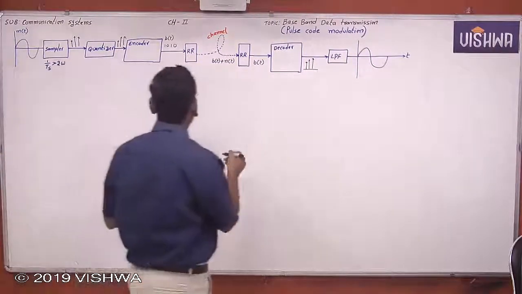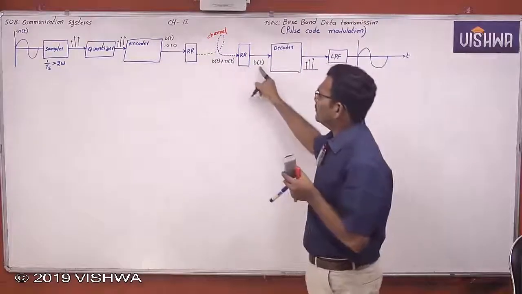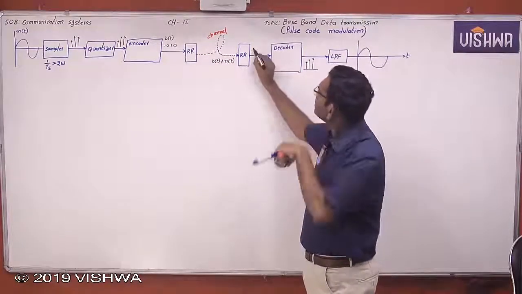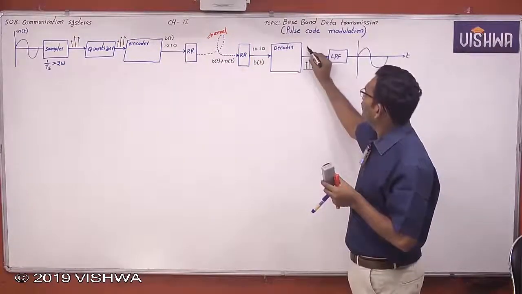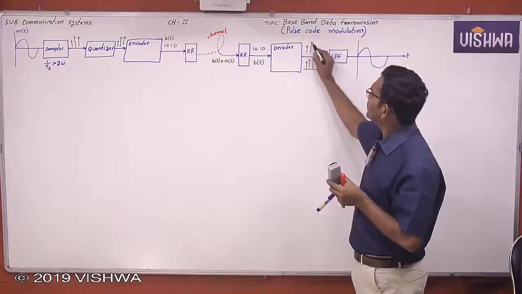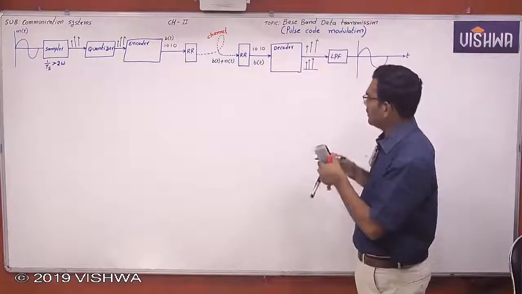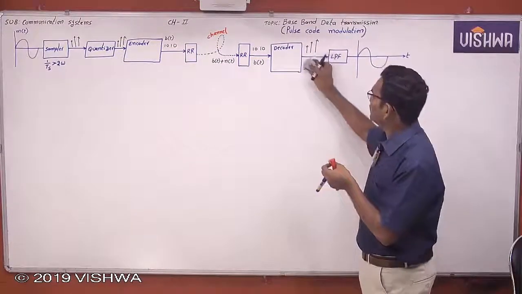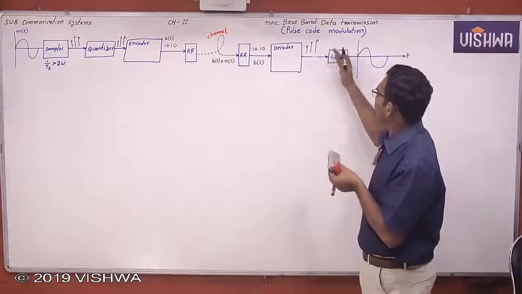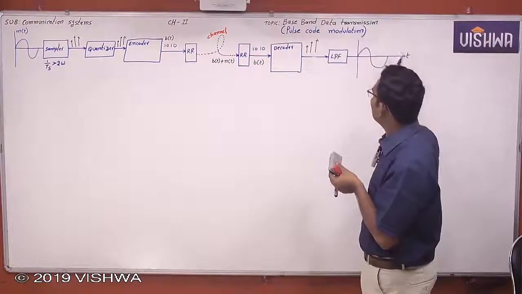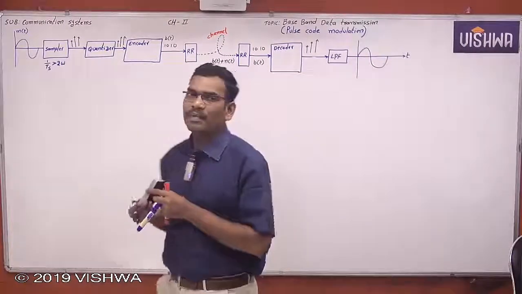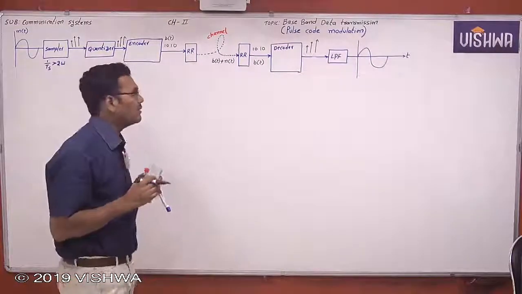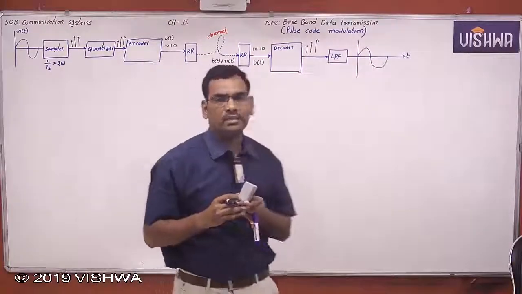In the reverse way, the decoder gives the quantized samples. Receiver operation is nothing but the reverse. Then the quantized samples are converted to a continuous wave signal with the help of a low pass filter, the process we already completed in the sampling theorem, the first block of the digital communication system.